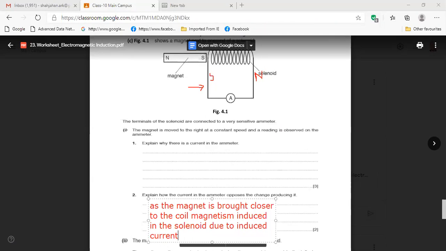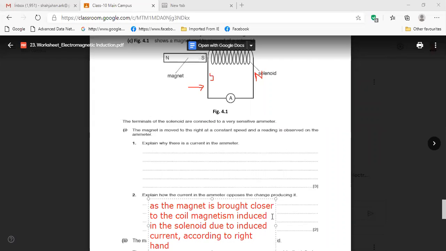Can't I write it this way: when the magnet is taken towards the coil, then due to induced EMF? I am writing with explanation. According to right hand grip rule.